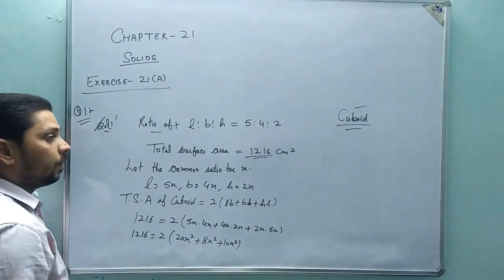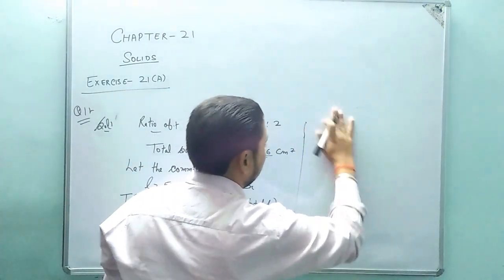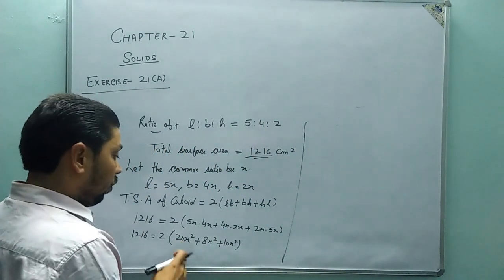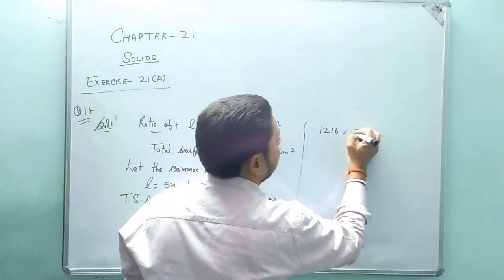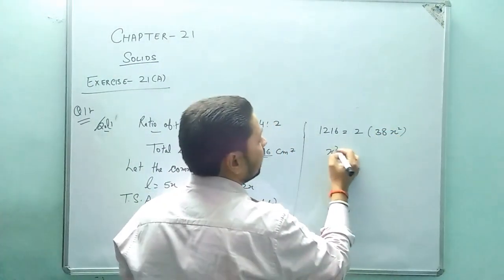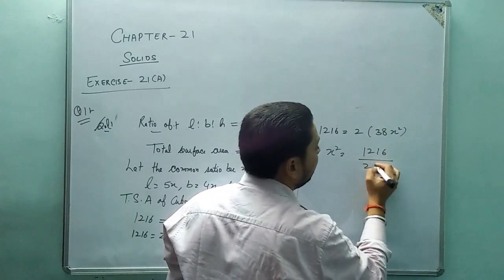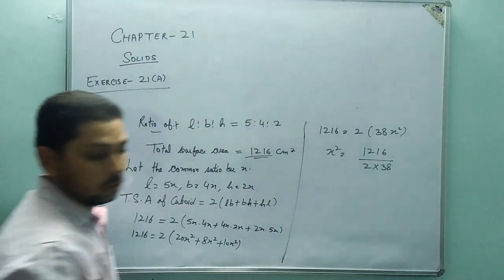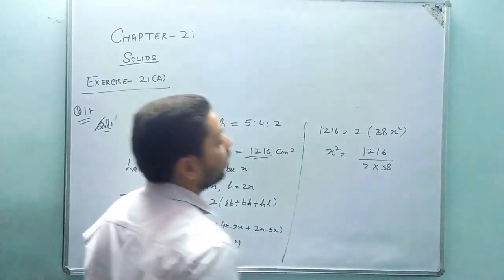Now add these terms. After adding, it will give you 1216 is equal to 2 times 38x square. Take x square on one side and 1216 over 2 into 38.